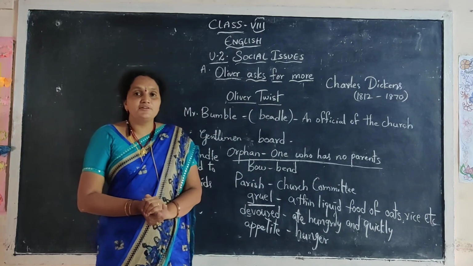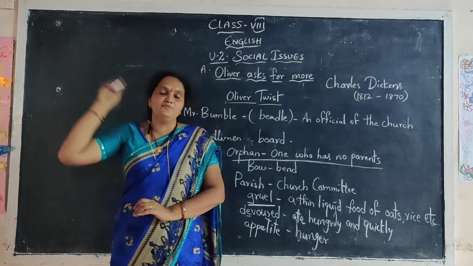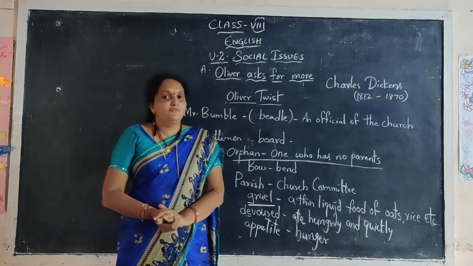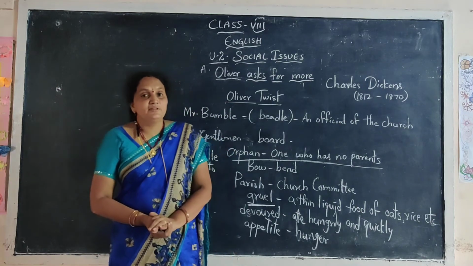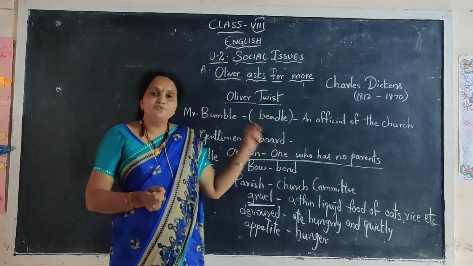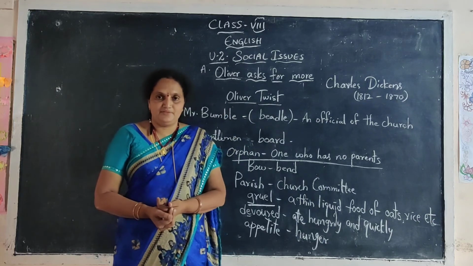So finally what did they decide? There was a poster outside of the workhouse the next day. What did the poster contain? 5 pounds will be given if anyone is interested in taking Oliver Twist.